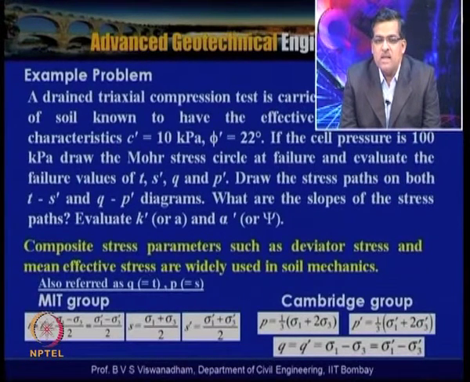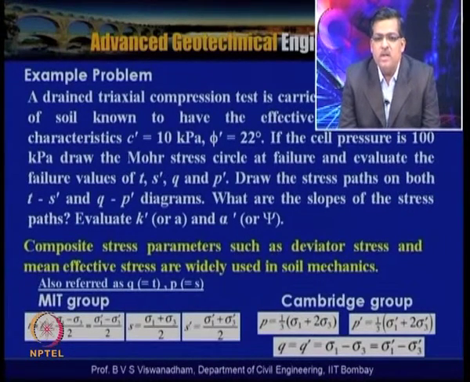The composite stress parameters, such as the deviator stress and mean effective stress, are widely used in soil mechanics, and in the course of the lectures here and there we have used both the MIT group and Cambridge group q and p symbols, but here we are distinguishing the symbols put forward by the MIT group and the Cambridge group.